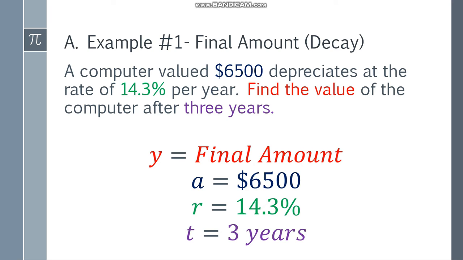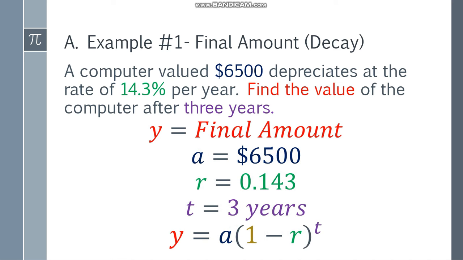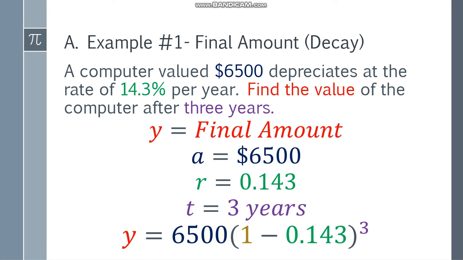Okay, moving on, since we have to change the rate to decimal form, that will be 0.143. Let's place the formula, y is equal to A times the quantity 1 minus R to the T power. Moving on, let's substitute the values. We have y is equal to 6,500 times the quantity 1 minus 0.143 to the third power.